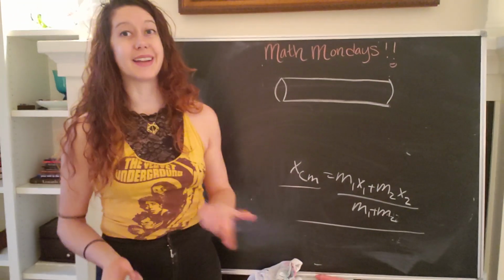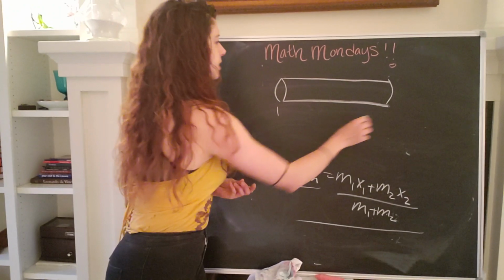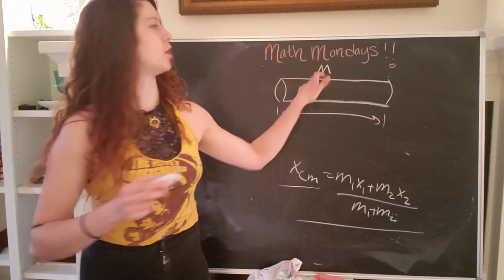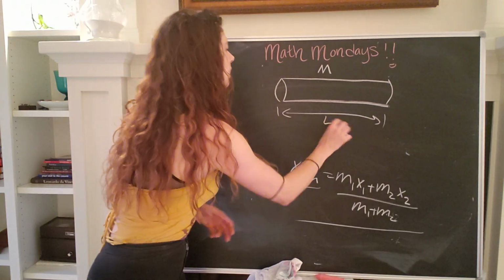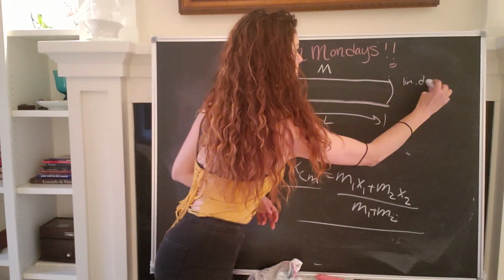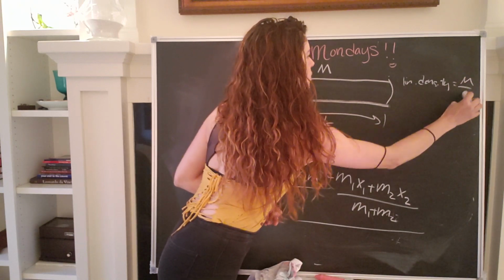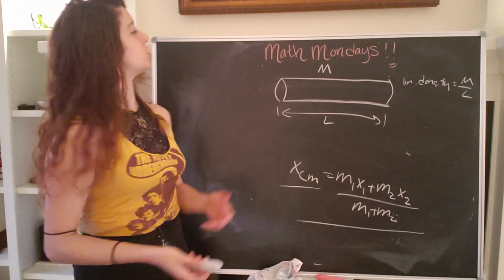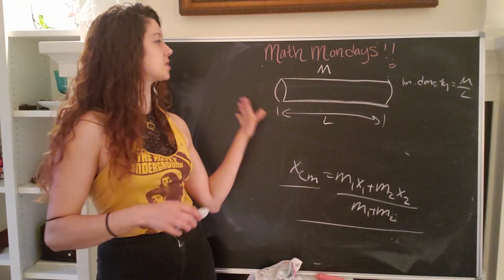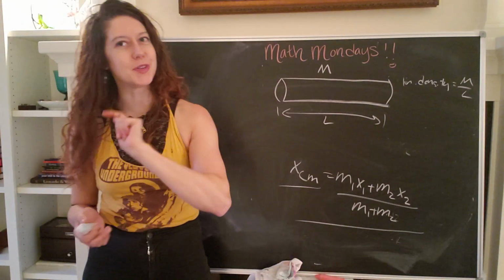Another way to look at that is to say the linear density of the object is just the total mass of the object, which I'm going to denote with a capital M, divided by the length of the object. And that just says that the mass is distributed evenly across the whole object. Cool. Okay. So that's a very important distinction.